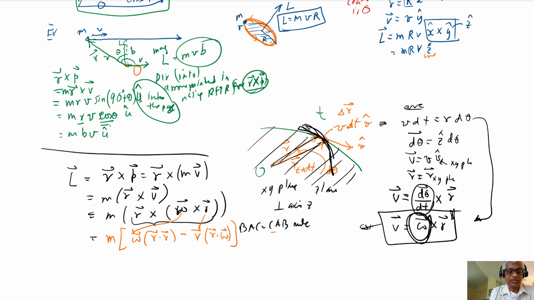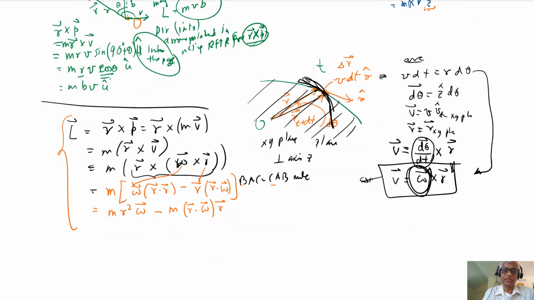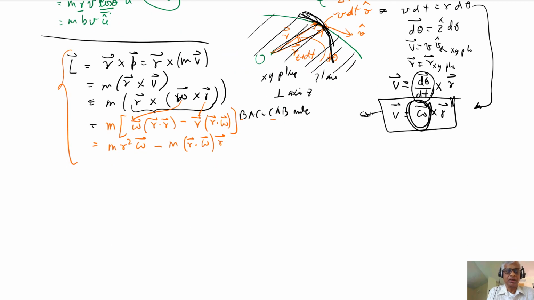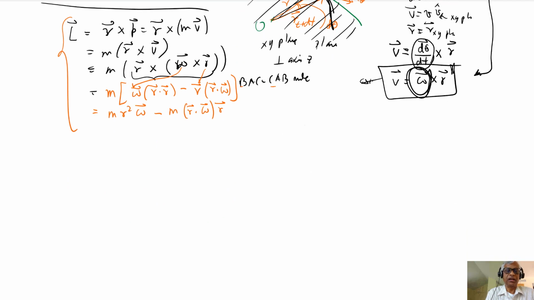So this one is just M R square omega vector, and the other one I need to compute. So this is the L written in terms of angular velocity. Often it's not very useful for a particle, but this is the one that we use for rigid body motion.